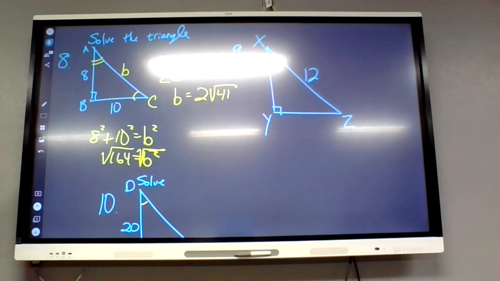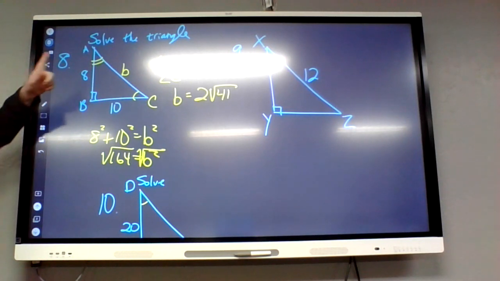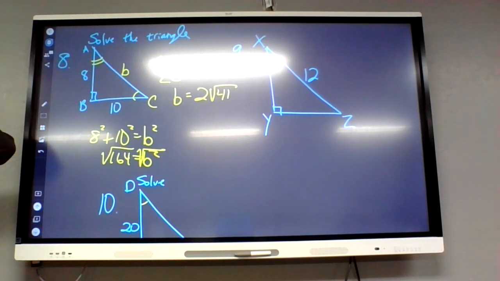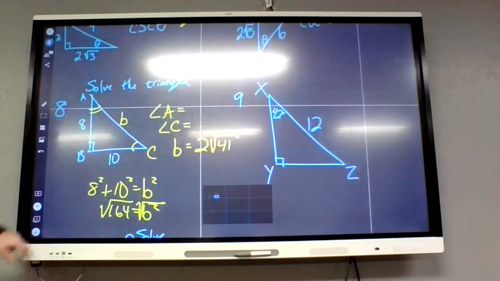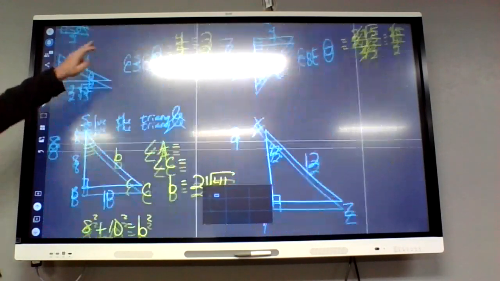Okay, now, here's the harder one. We haven't done this today. How do I find angle A? Okay, we're going to need trigonometry. When you're doing a trig problem, like sine, cosine, tan, you always have to start with the angle. What angle are we starting from?